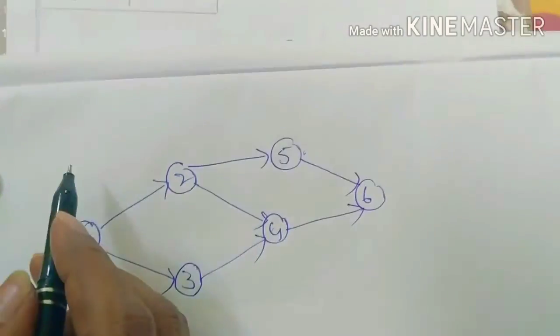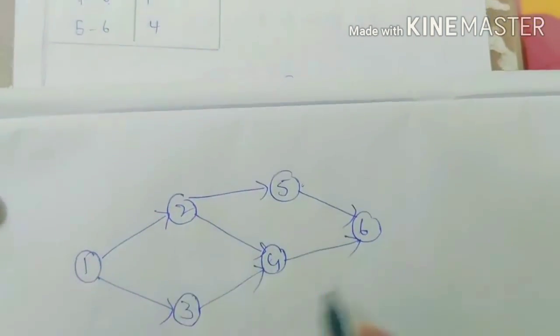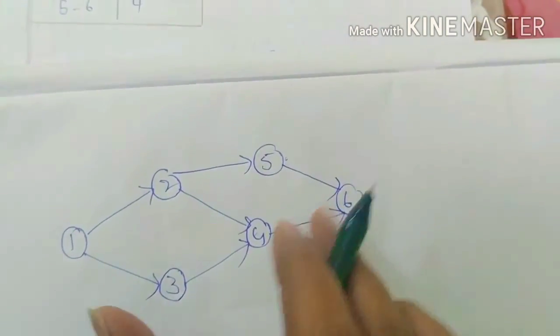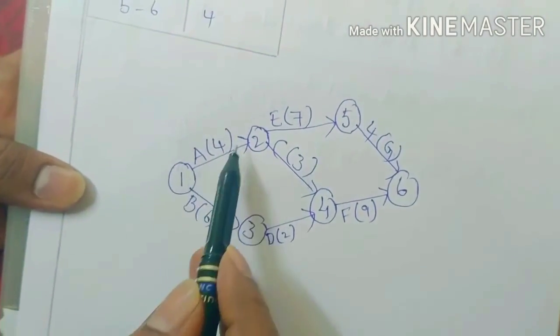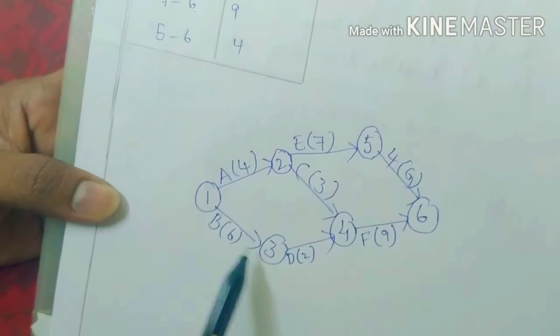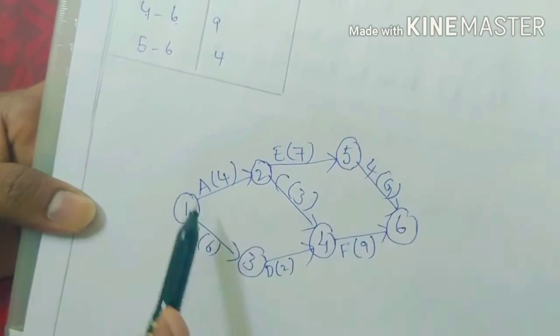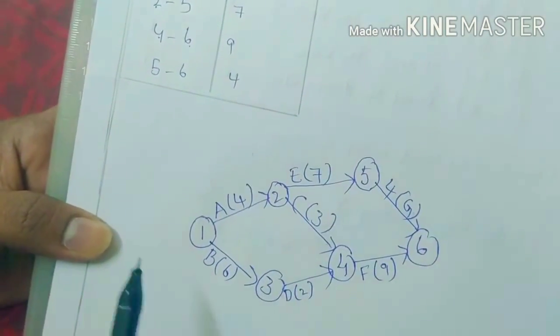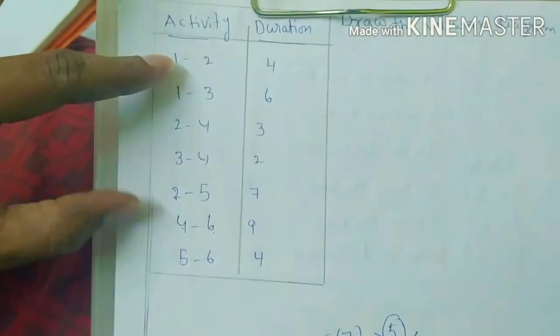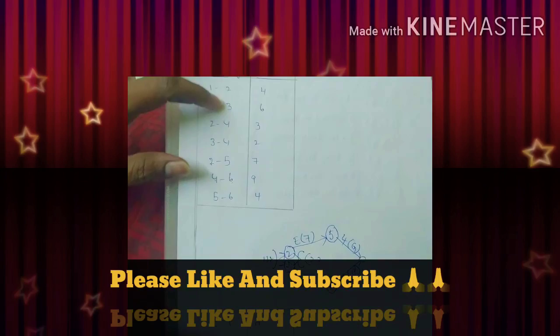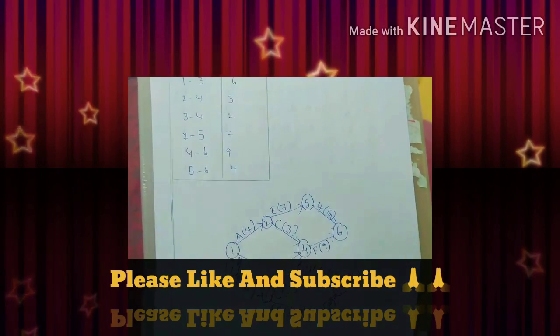Next, duration and other things need to be drafted in the proper manner like this. So here we have given 1 to 2 A, 1 to 3 B, likewise name and mention duration. This is very easy whenever they give activity starting point and ending point, 1 to 2, 1 to 3, or otherwise we can follow the existing method.